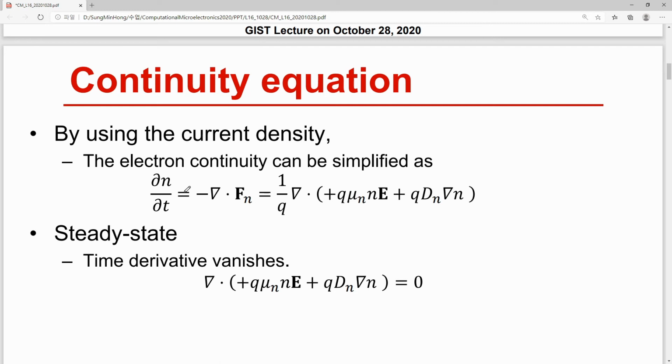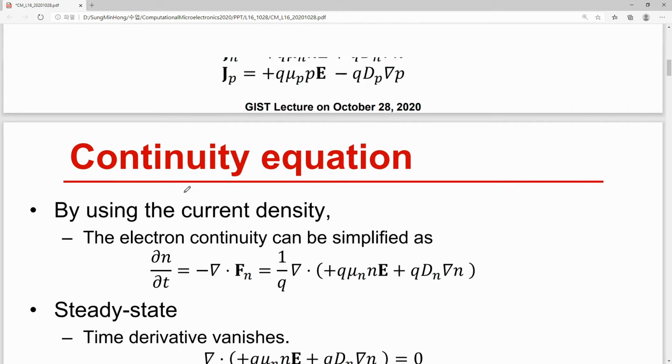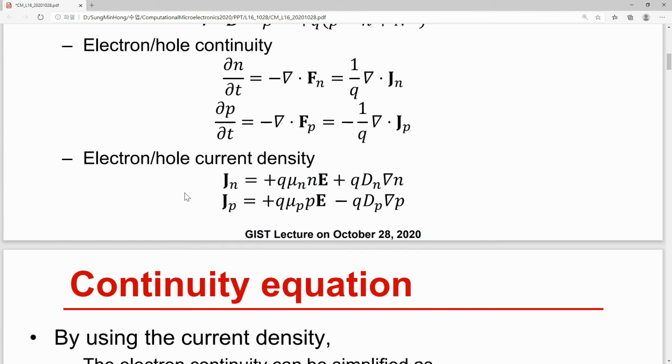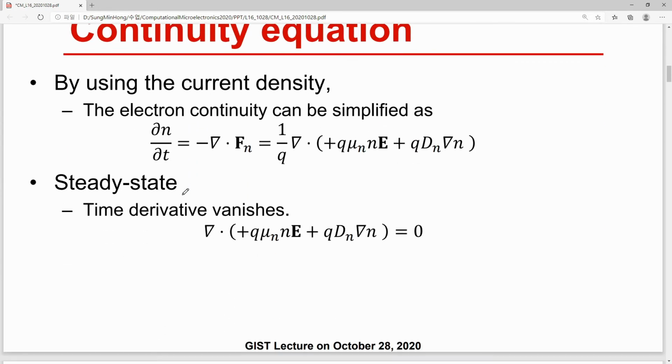So when you think about the continuity equation and the expression for current density, they can be merged because here we have the explicit expression for J sub n, and it can be inserted into the electron continuity equation. When we just insert it, then we have that the partial derivative of n with respect to t is given by this expression.